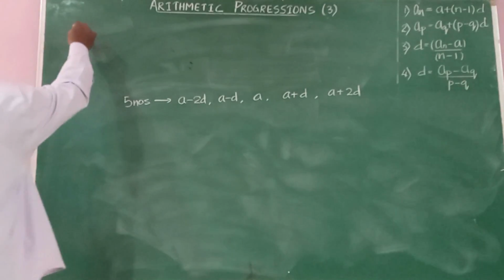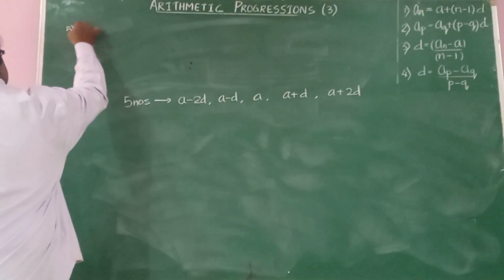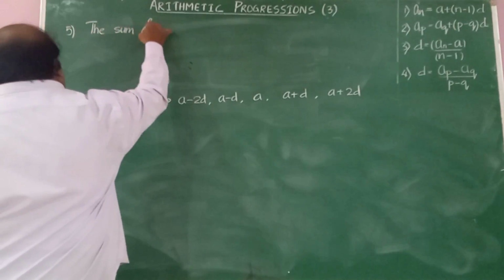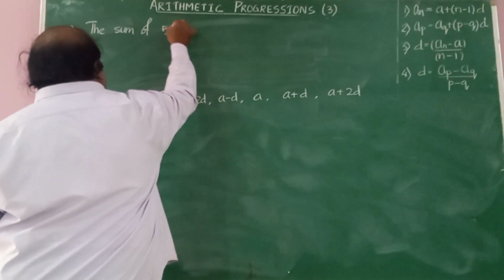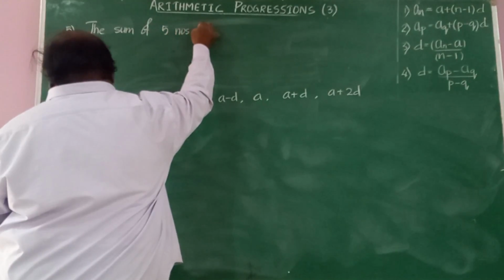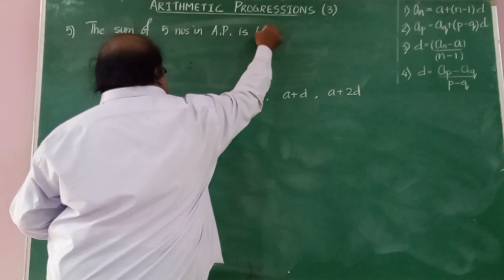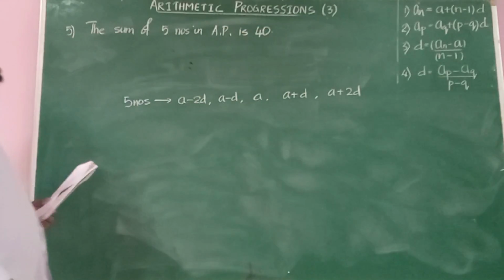The sum of five numbers in an arithmetic progression is 40. What did I tell you?